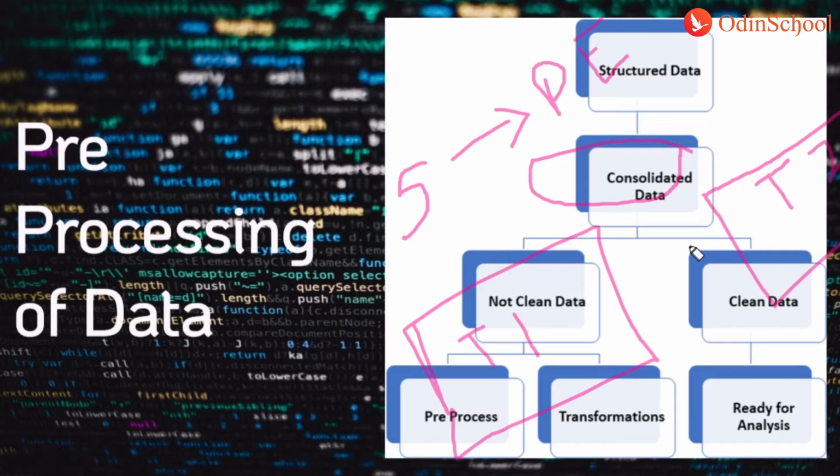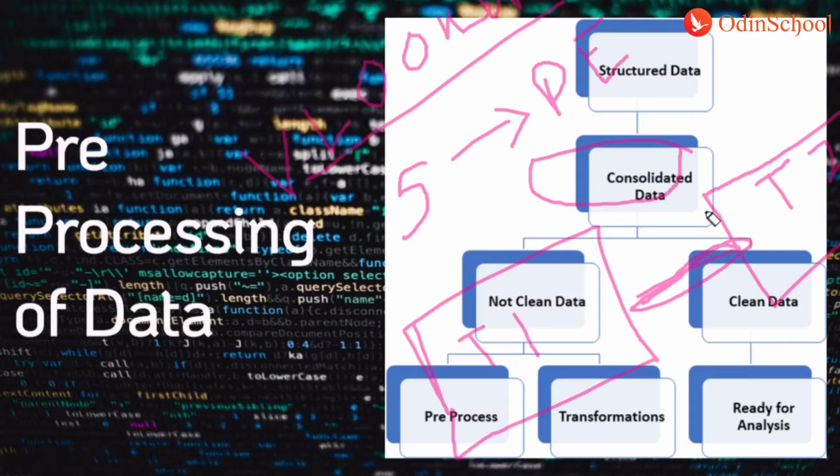If you have worked in Excel, you know what VLOOKUP is. You have one table, and using an identifier you bring different information from another table. Similarly, in SQL or in Python, we have what we call a join. In a join, we have an identifier based on which we link both tables.